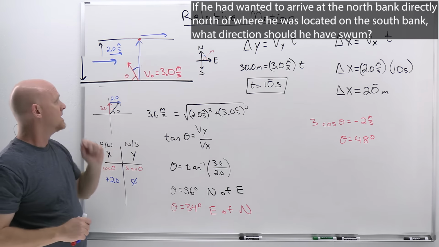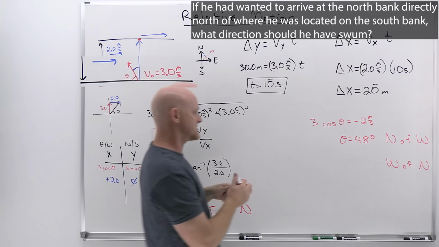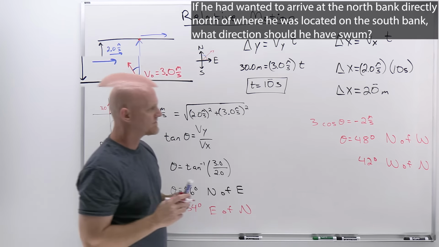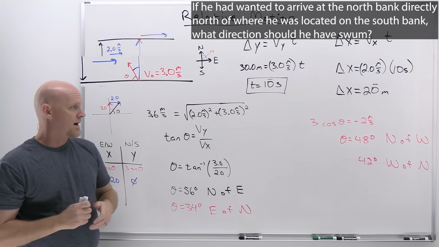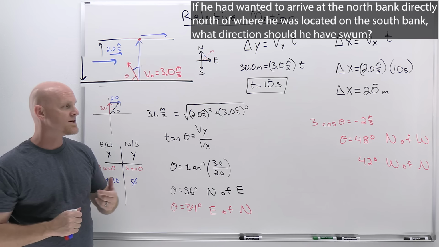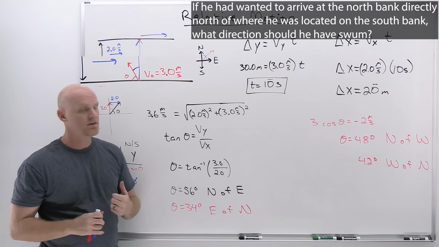But you could also be asked west of north, and that might even be more common. And so again, if this one's 48, then this is the complementary angle, and 90 minus 48 is going to be 42. So no matter how you slice it, it's going to be 3 meters per second again, relative to the water, but the angle is either 48 degrees north of west or 42 degrees west of north.